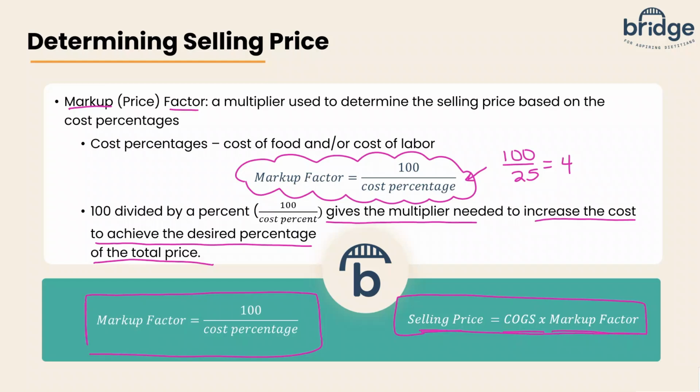You add them together first to get the total percentage of the selling price that's used to cover all costs. Then you plug that total percentage into the markup factor formula. Once you get your markup factor, you multiply the cost of goods sold to determine your selling price. We'll walk through all of that in the next slides. For now, just remember, cost percentage tells you how much of the selling price is used for the cost, and the markup factor tells you how to scale up the cost to find that selling price.